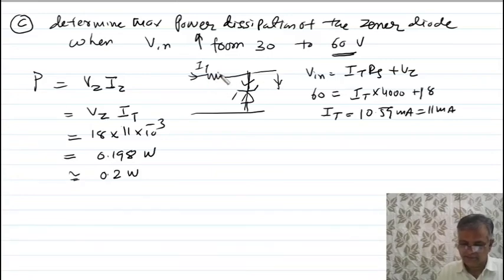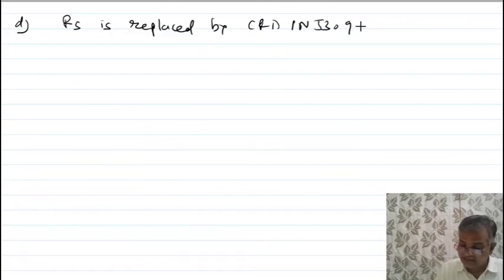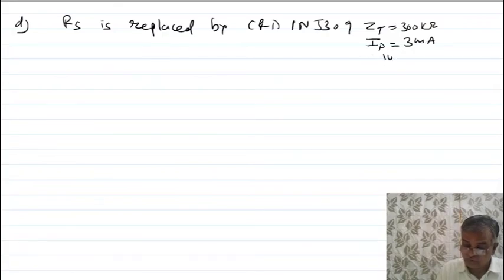This RS is replaced by CRD. So look here, the question I am discussing, question number D. If RS is replaced by CRD, the number they have given is 1N5309, and they have given ZT as 300 kilo ohm, and the current passing at this point is 3 milliampere, and the maximum voltage it can absorb is up to how much? 100 volt.